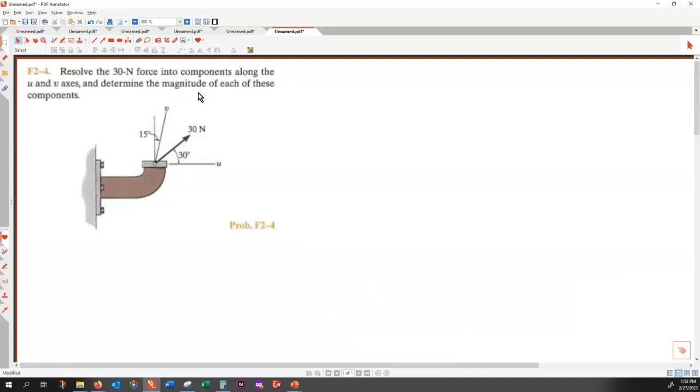When it says u and v axes, it means you have to construct a parallelogram in which u and v are two sides. So u is horizontal, and the force itself is at 30 degrees.